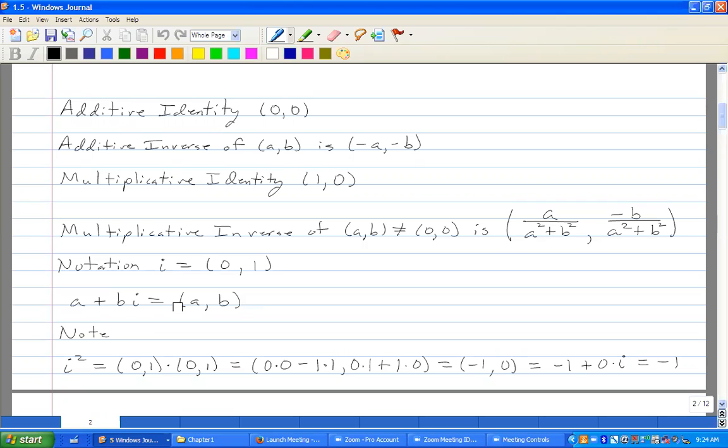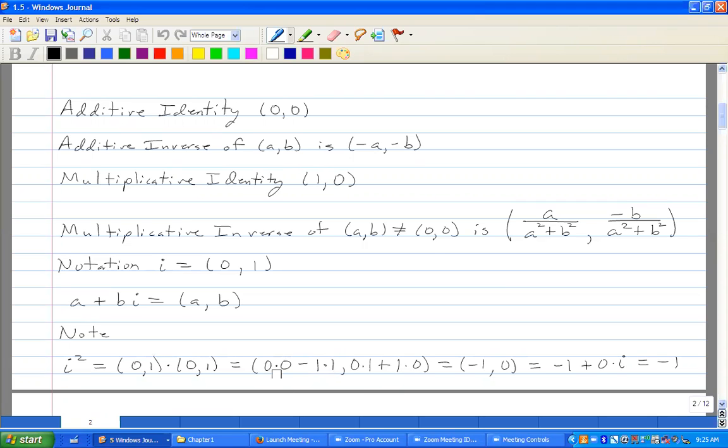Note the following: i squared, remember i is just (0, 1), times (0, 1), is, by definition, (0 times 0 minus 1 times 1, 0 times 1 plus 1 times 0).